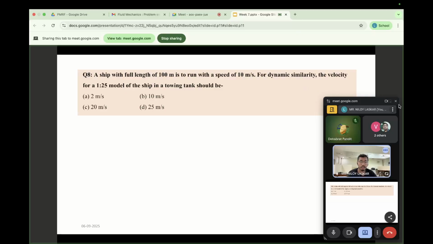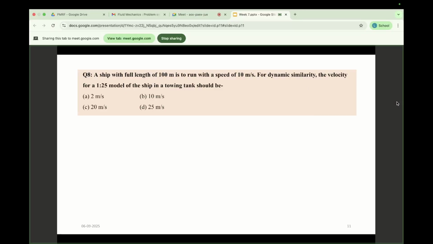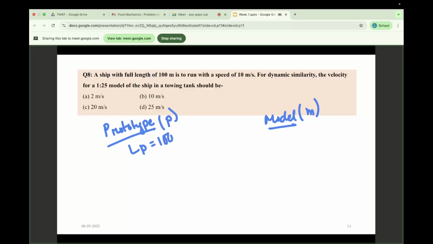So see in this question, what is given? The ship here is the prototype, and the model is also given. If I represent the model as M and the prototype as P, what is given? The full length is given, that means LP is given as 100 meter.